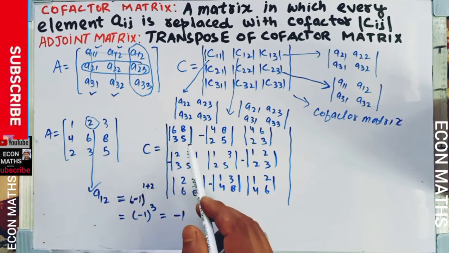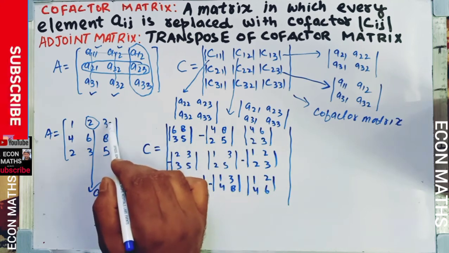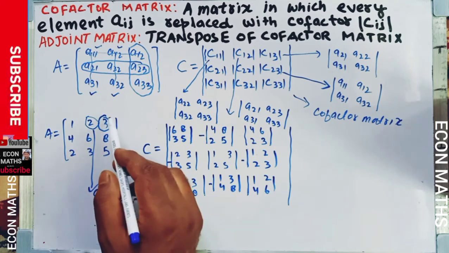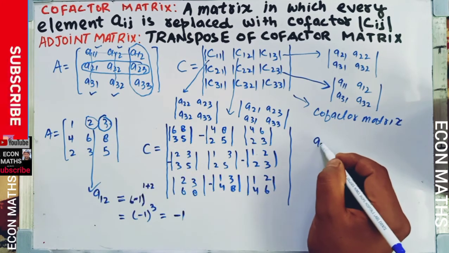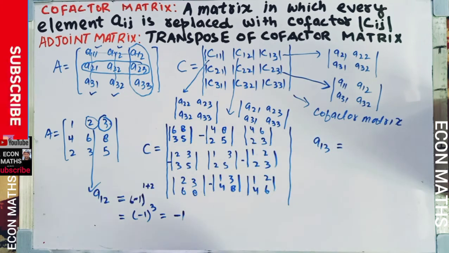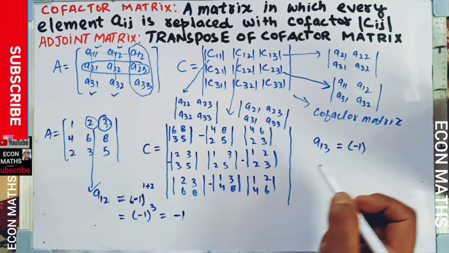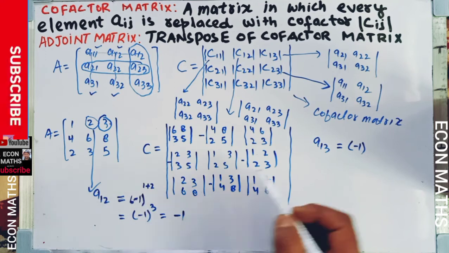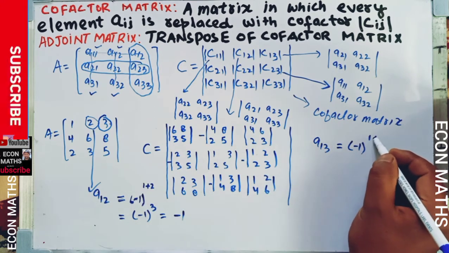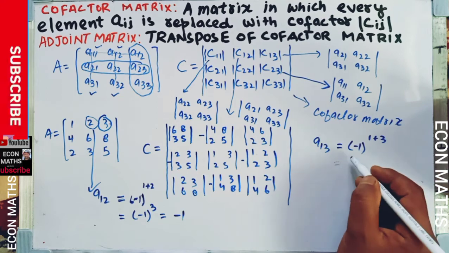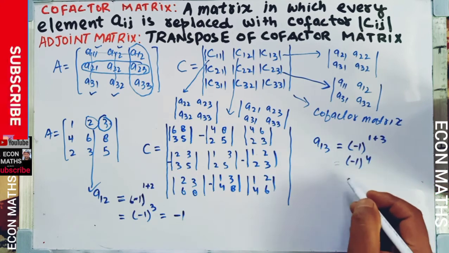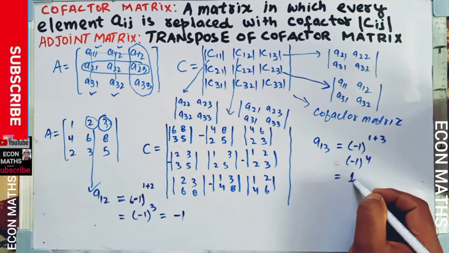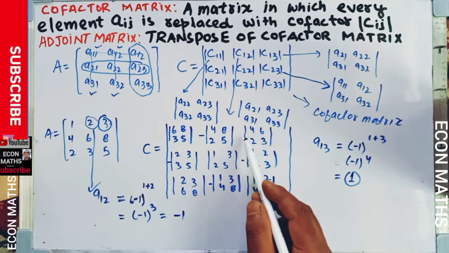Similarly, for the third element, this 3 is at A13. Now the sign is given by minus 1 raised to the power of the subscripts, that is 1 plus 3. So this is minus 1 raised to power 4. Now minus 1 raised to an even number gives us plus 1. Therefore I have written here it is positive.